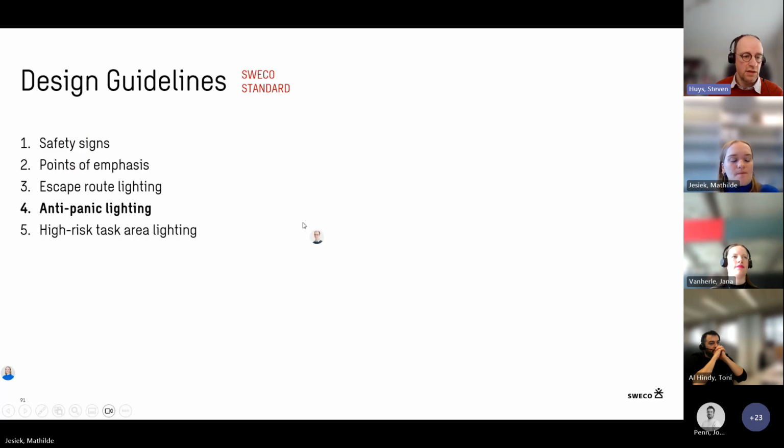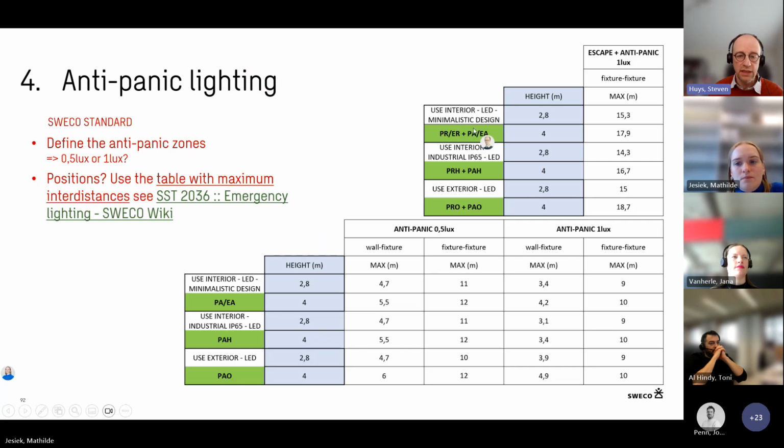Okay. Then the last thing is the anti-panic lighting for the examples. Then Mathilde also made for those circumstances the calculations and the interdistances for all the manufacturers, and listed the interdistances for the one lux, again with escape route luminaire, what is the interdistance, and then between two anti-panic fixtures for a half lux and for one lux, and again between the wall and the fixtures and the fixtures in between them.